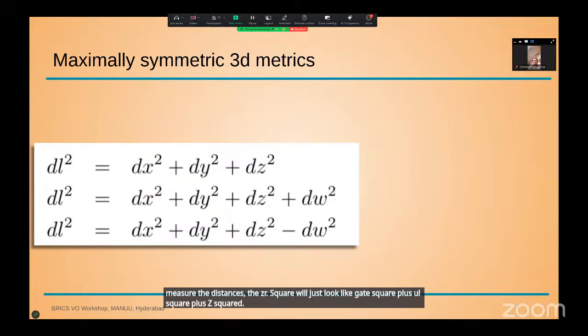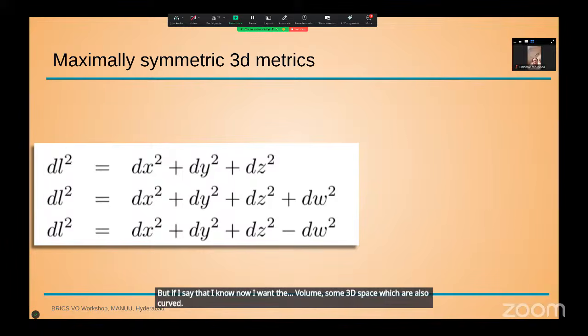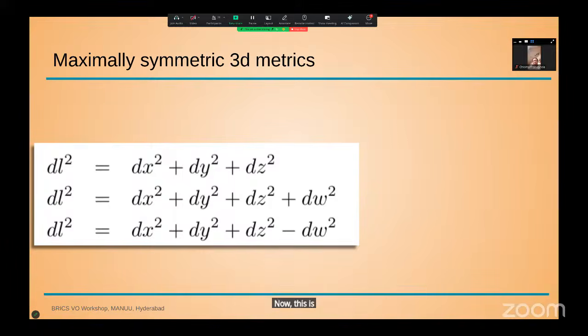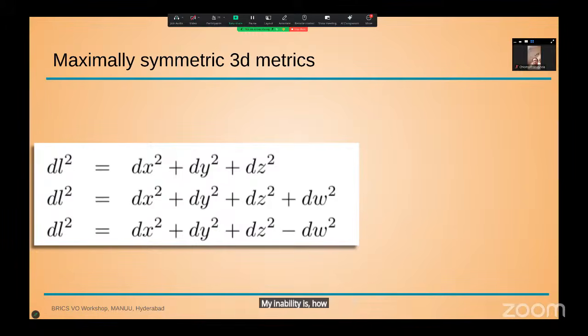But if I say I now want a volume, some 3D space, which is also curved, this is very difficult to imagine for us, but mathematicians have no problem. You can use the same techniques that we have used previously to go to a 4th dimension, and then I can add in a constraint equation, and that will allow me to calculate what the line element is. How do I measure distances?